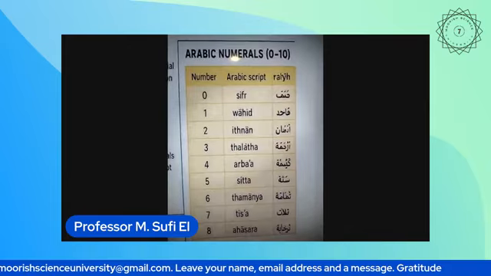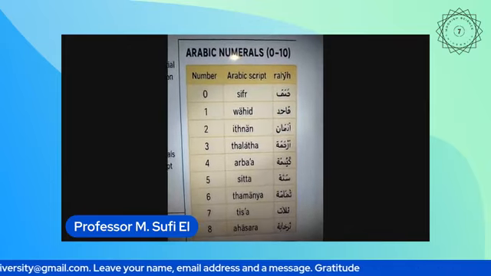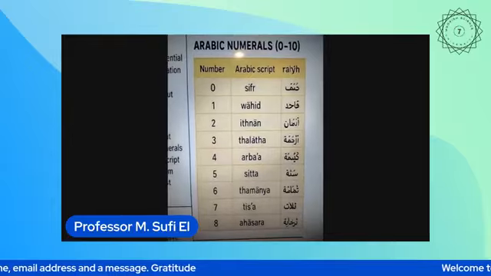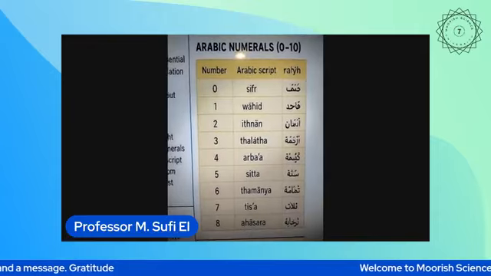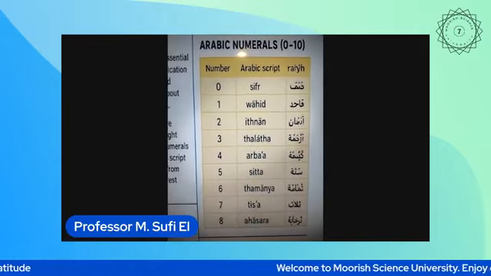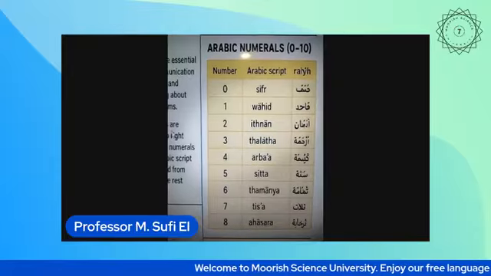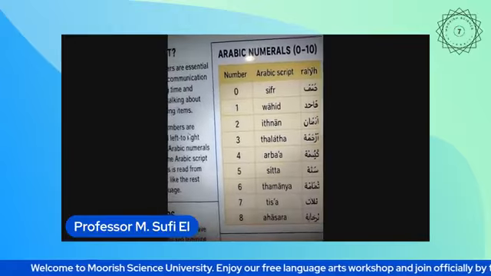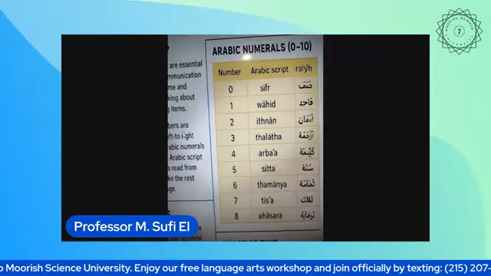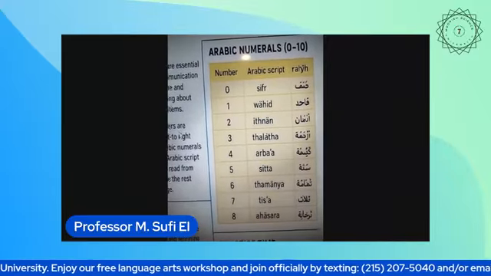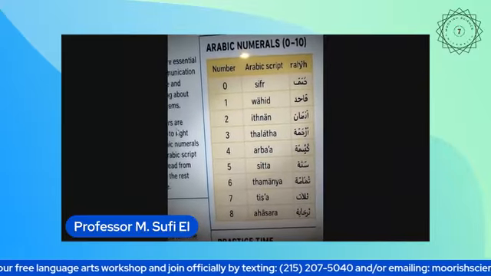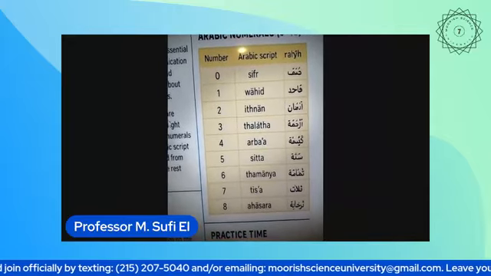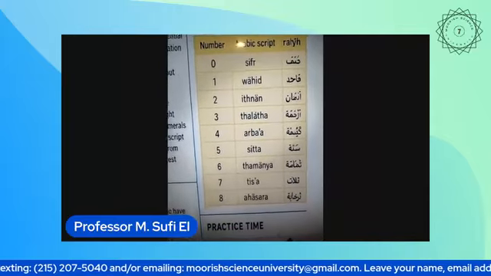Four is arba'a. Five is sitta. That's wrong. Five is hamsa. I've got some errors in this study guide. So four is arba'a, five is hamsa, six is sitta, seven is saba'a, eight is thamaniya, nine is tis'a.